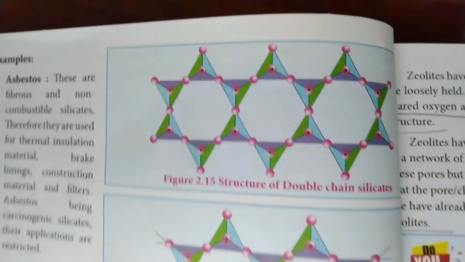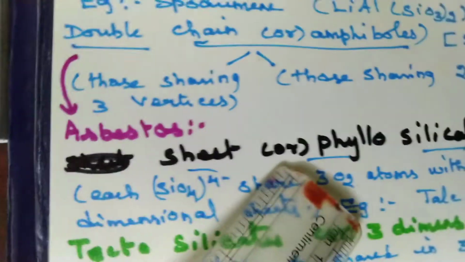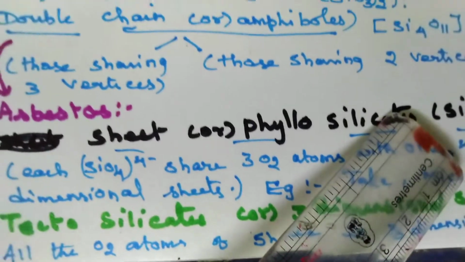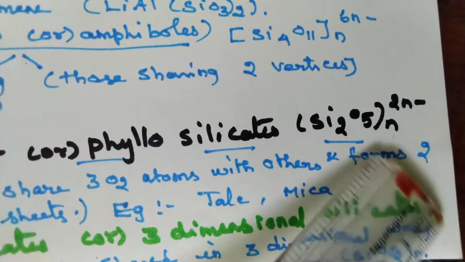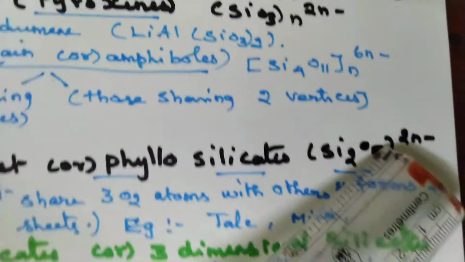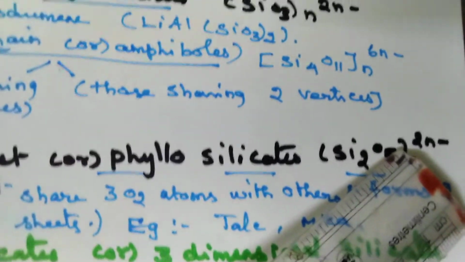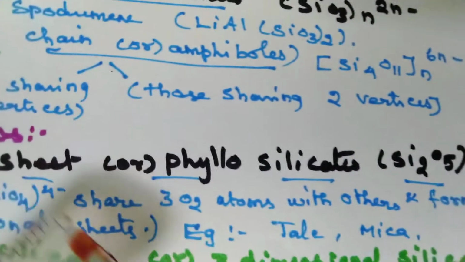And the last one is the sheet or phyllosilicates. Its general formula is (Si2O5)n and it carries 2n- charge.